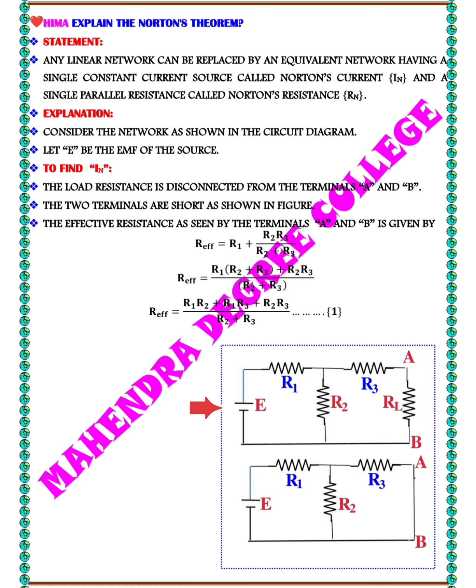R3 is a resistor connected in series with RL. RL represents the load resistor, and A and B represent terminal points in the circuit.